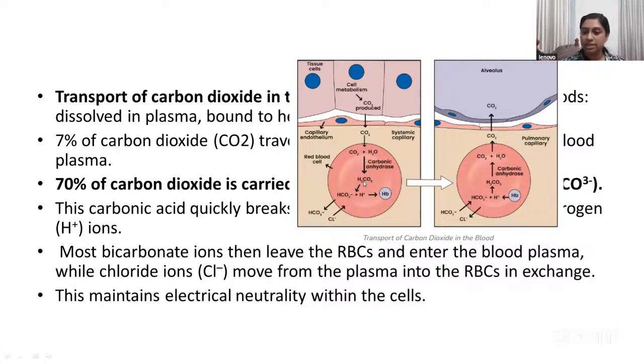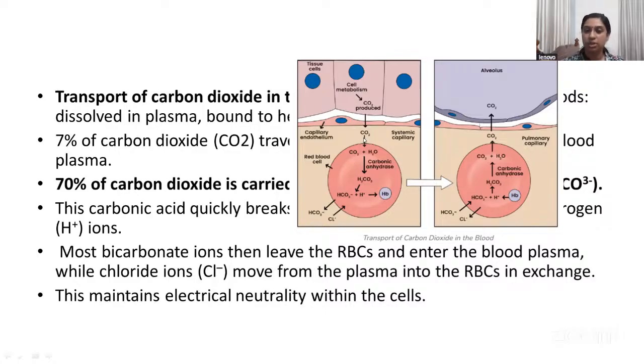This carbonic acid is very unstable and hence it is split into a bicarbonate ion and a hydrogen ion inside the RBCs. Why is the carbon dioxide not combining with water outside the RBC? Because of the presence of carbonic anhydrase inside the RBC, about 100 to 200 times more carbonic acid is formed inside the RBCs compared to the plasma.